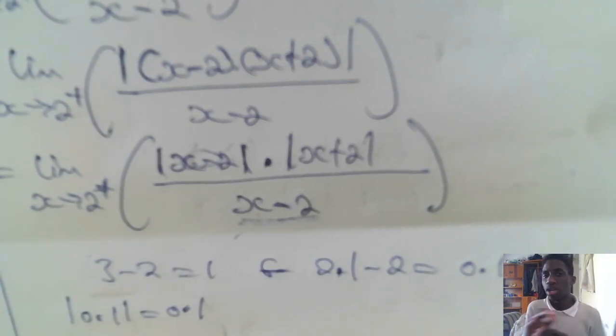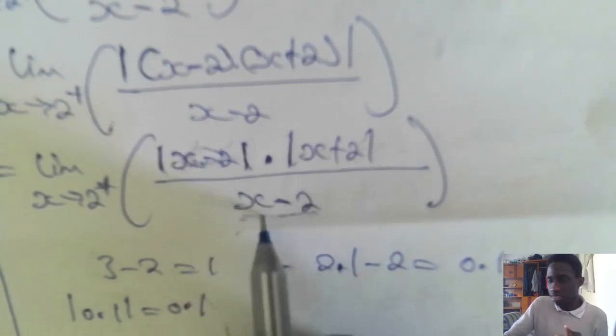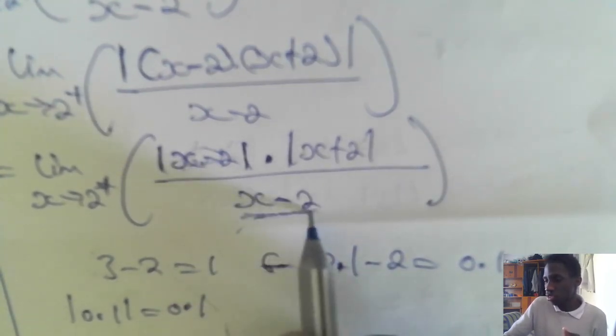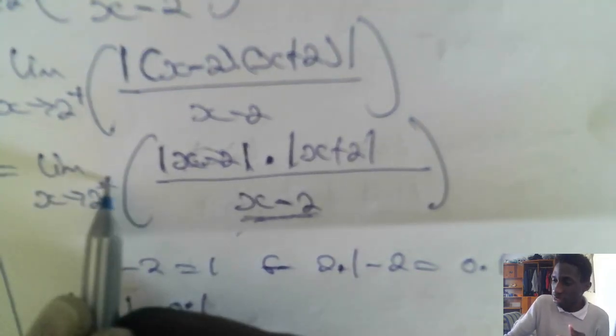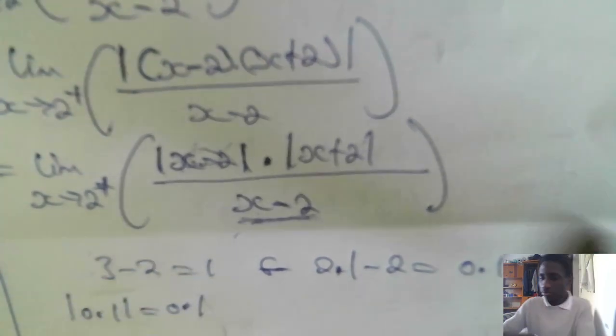In this case, we are not attaching any negative sign because we have the same signs. x minus 2 is positive as you approach 2 from the right, and the absolute value of that positive answer gives you a positive answer. So they are practically the same.